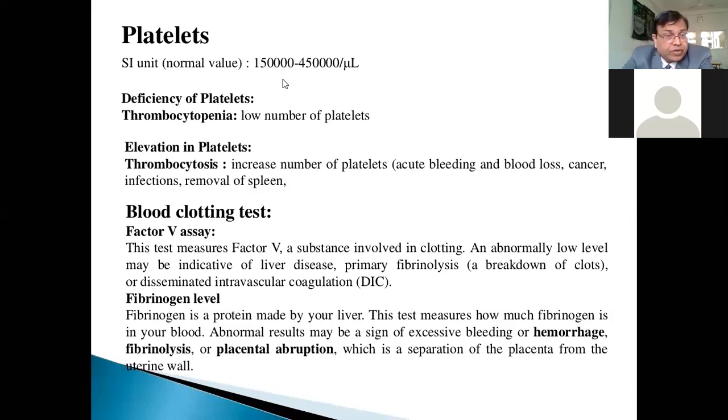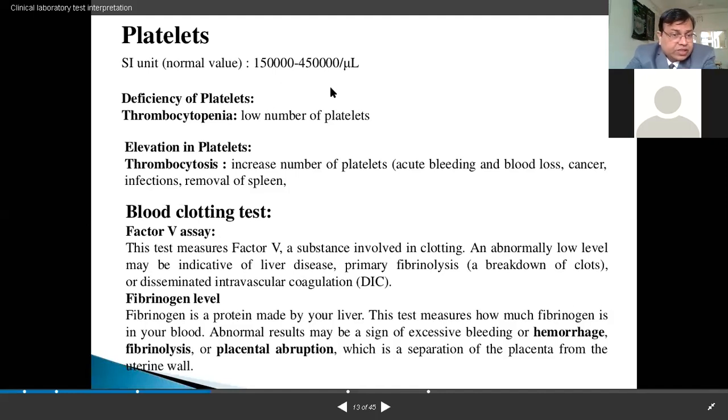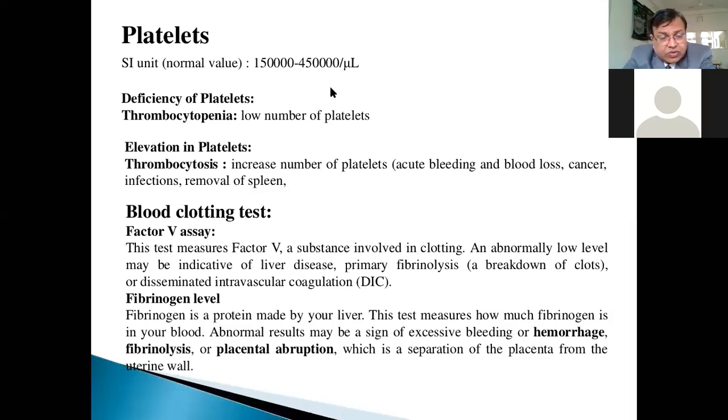Now, another test is the bleeding test and blood clotting test. We conduct this test before an operation. If the patient is going for any kind of surgery, then this test is compulsory, because we make incisions and cuts for the surgery.